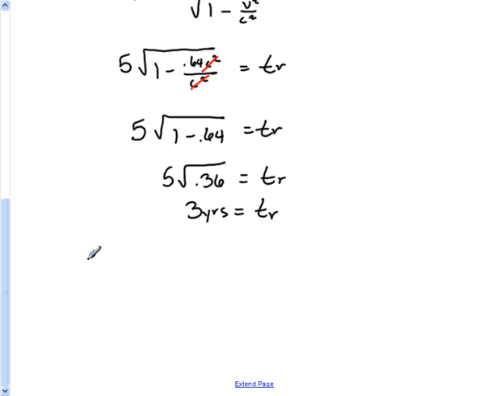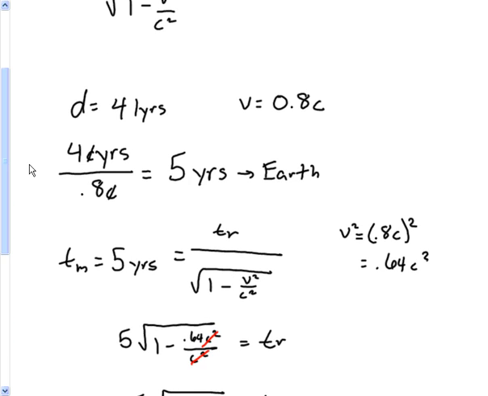Distance is equal to velocity times time, where 0.8c is the velocity, multiplied by 3 years. This comes out to be 2.4 light years. But the problem is that if we're only traveling for 3 years, we're not going to get to the star, because the star is 4 light years away.